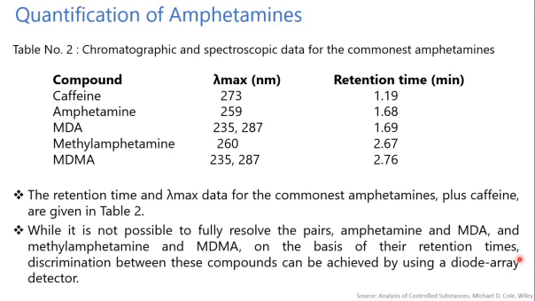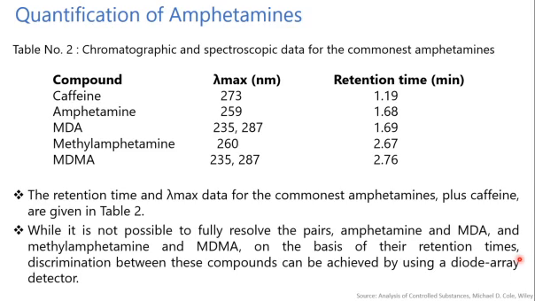Let us see another table where the retention time and lambda max data for the commonest amphetamine derivatives plus caffeine are given. Caffeine has lambda max 273 and retention time about 1.19. Amphetamine has lambda max 259 and retention time 1.68.